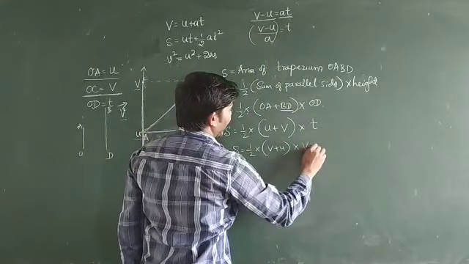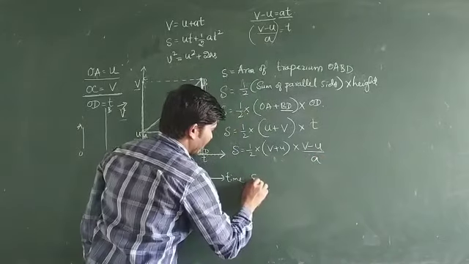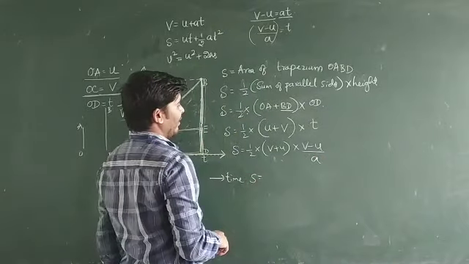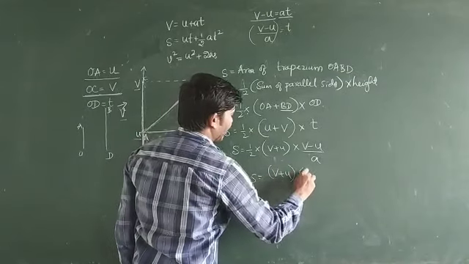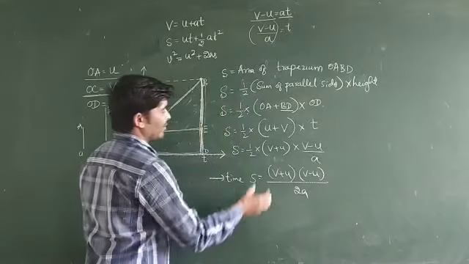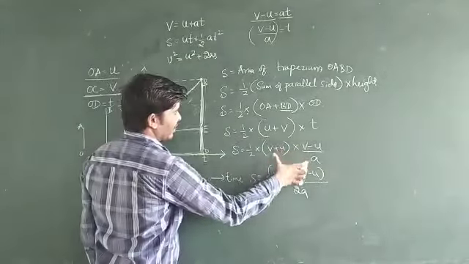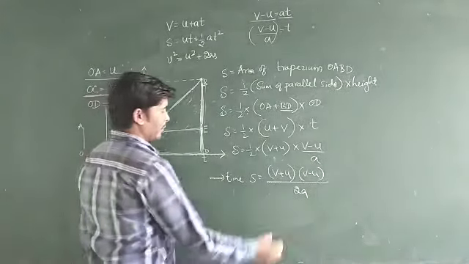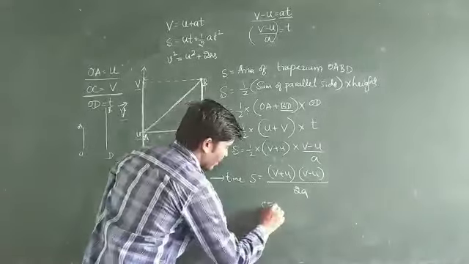So S is equal to V plus U into V minus U divided by 2A. Your only work is multiplication, so I have multiplied the numerator as well as the denominator separately.